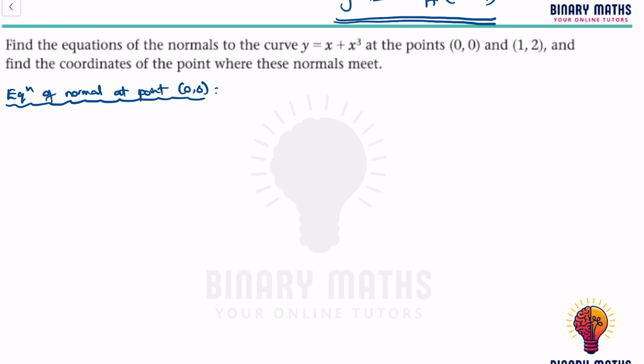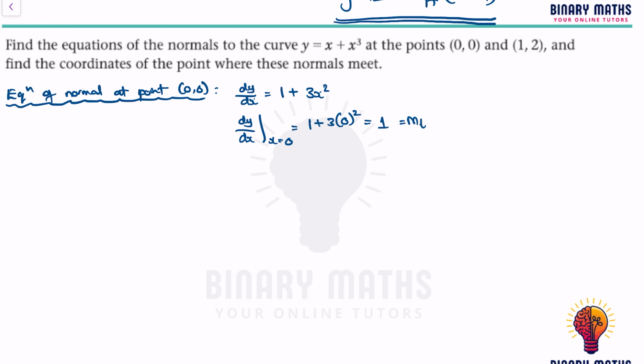Okay, so we need to find dy dx first. So dy dx is equal to 1 plus 3x squared. So dy dx at x equals 0 gives you, substitute 0 into this expression, 1 plus 3 times 0 squared, which is equal to 1.